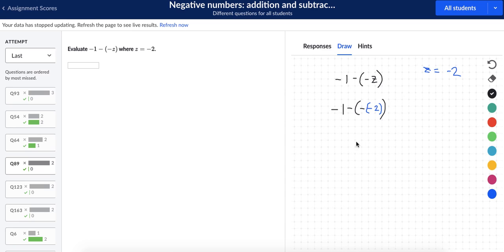Now this will be the reason why so many people got this one wrong. So being very careful that the z is the only thing we're substituting in. We're being told z is -2. And so we've got a ton of negatives in here that we must reconcile first. So let's first deal with the very furthest inside piece.